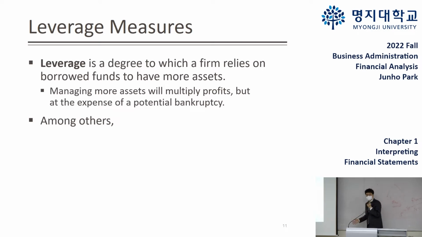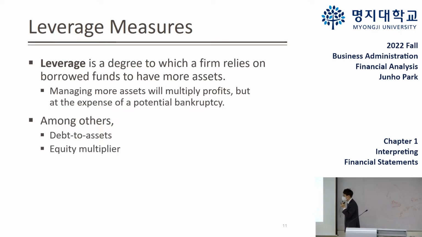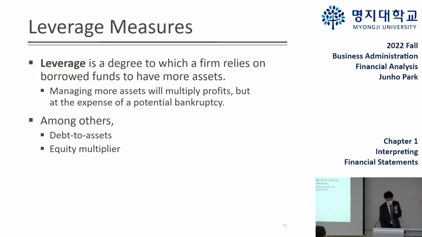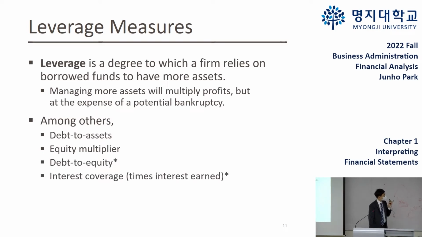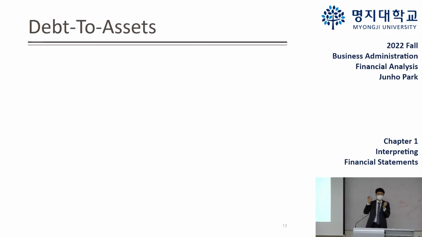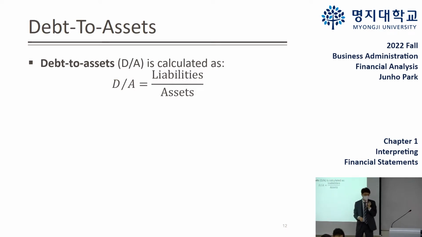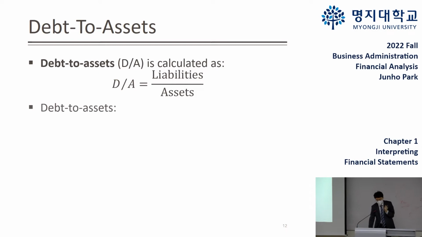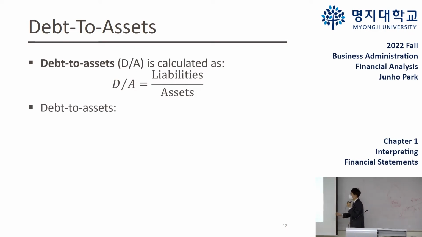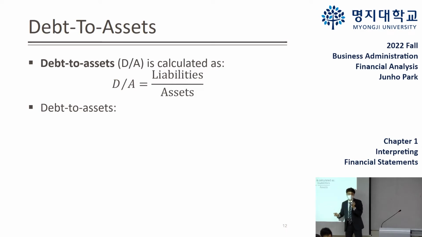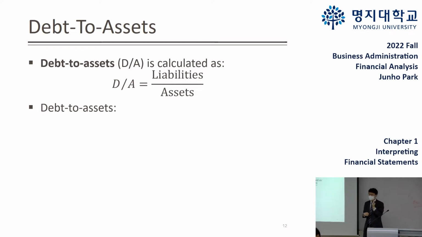So there are also a lot of measures for calculating leverage, but I'd like to introduce two measures: debt to assets and equity multiplier. Okay, first, debt to assets is very simple. This is debt divided by assets. So you take total liabilities, and then you divide it by assets. Because these two items are from the balance sheet, it is summarizing your balance sheet.